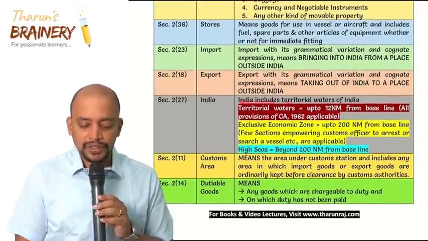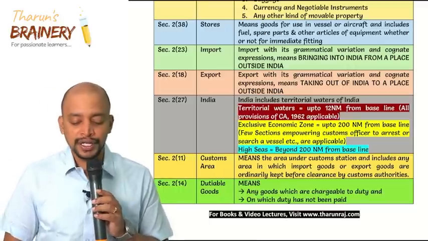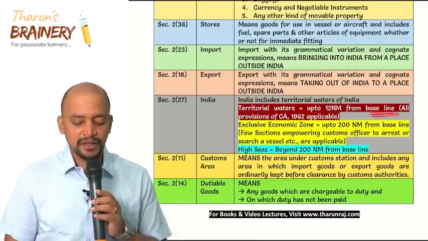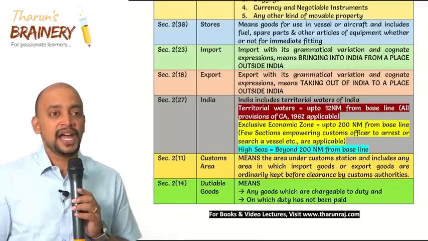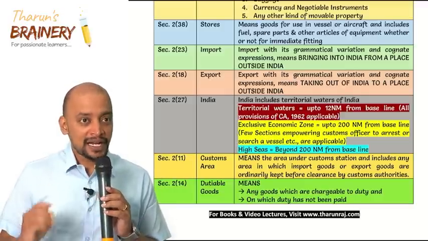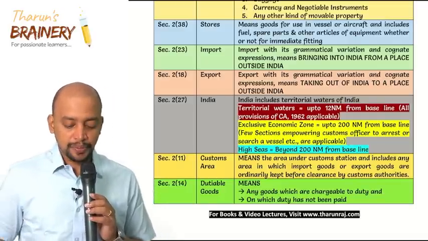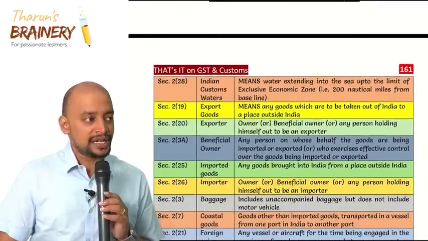India includes territorial waters of India. So what is territorial waters? Up to 12 nautical miles from the baseline. Then we have exclusive economic zone up to 200 nautical miles, but these are called Indian customs waters. So up to 200 nautical miles is known as Indian customs waters.